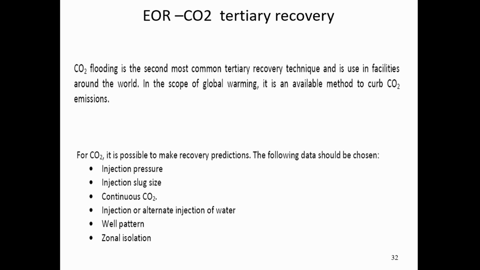If CO2 mixes with water, it will change into carbonic acid. Carbonic acid may attack the casing or the production tubing, or attack the packer or other sections of the injection well. Therefore, you should be careful by choosing the right materials for your injection well or flooding well.